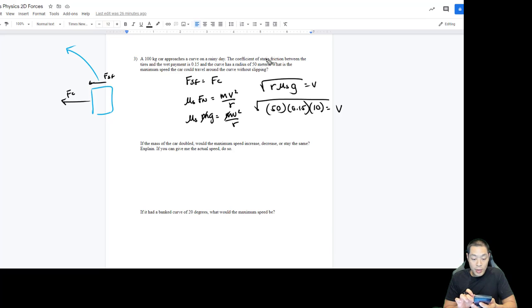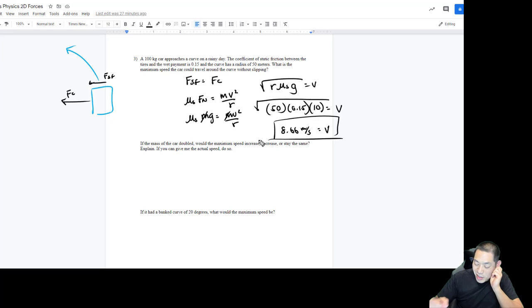Inside the radical, I get 75. I take the square root of it, and I get 8.66. Since it's traveling around a curve, it's hard to give it a sign, but I guess it's moving forward.